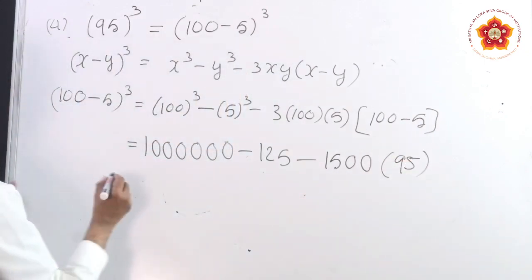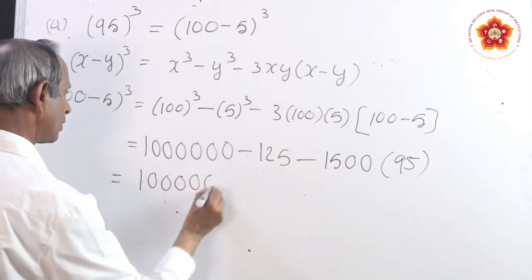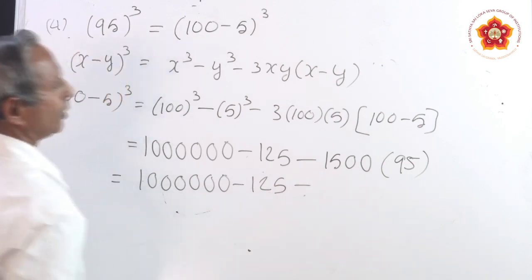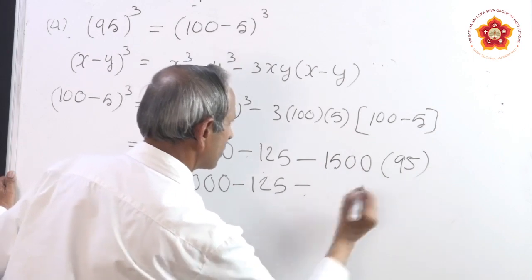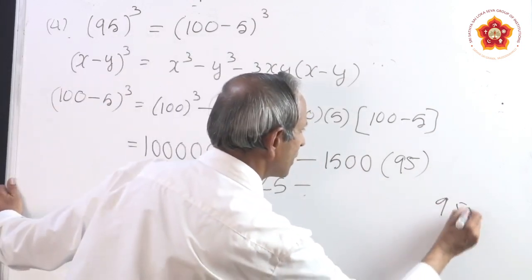Let us simplify this one. Now you have to multiply 95 into 15 first.